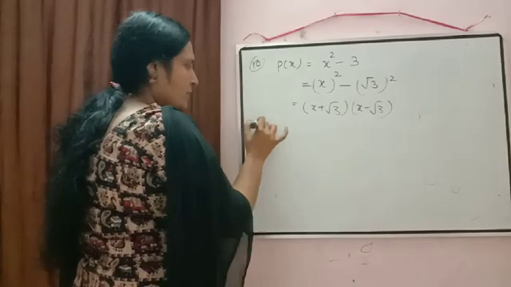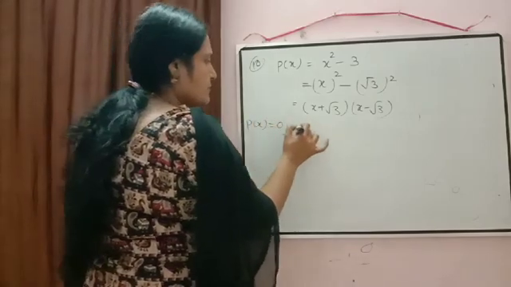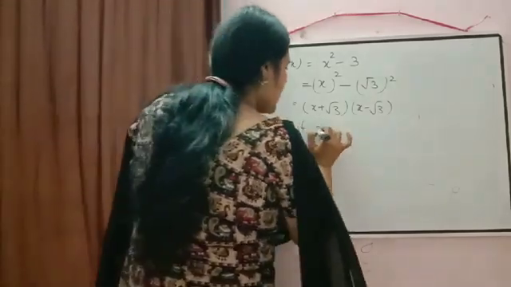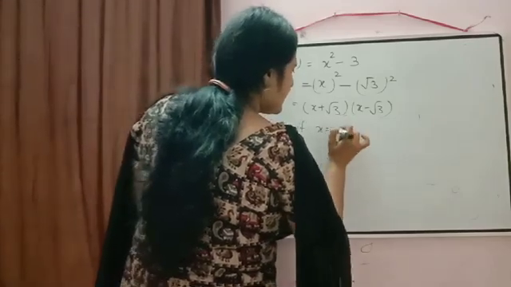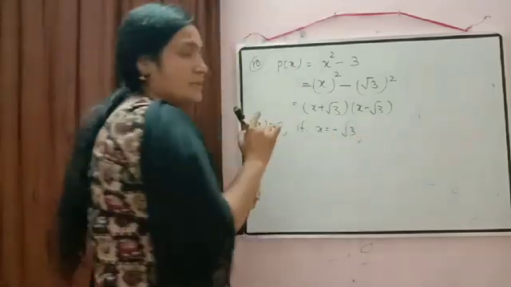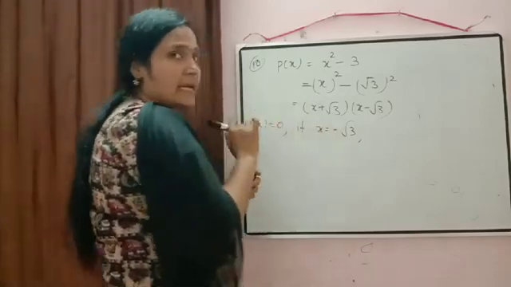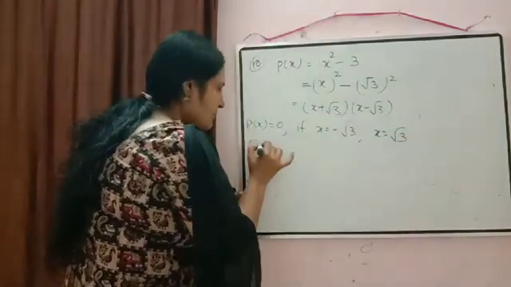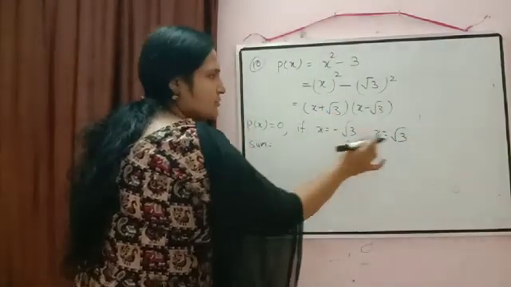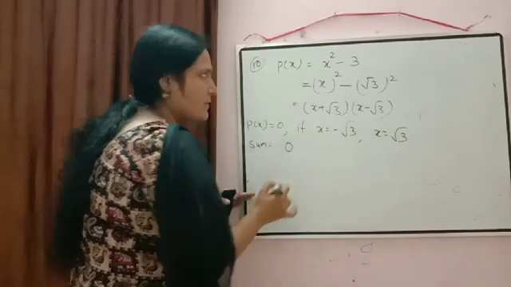Here you can write down p of x will be equal to 0 if x plus root 3 is equal to 0. Then we will get x is equal to minus root 3. Don't write that negative sign inside the square root. Okay. Or x is equal to plus root 3. Now write down the sum of the zeros. Minus root 3 plus root 3 will be equal to 0.